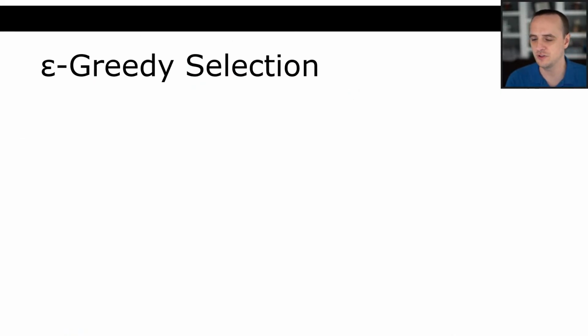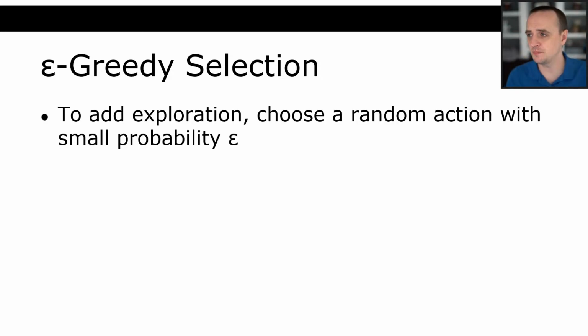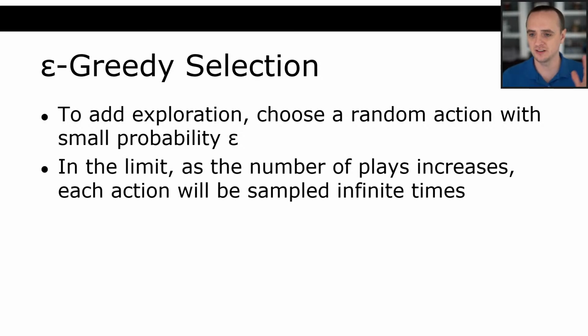The easiest way to do that is called epsilon greedy selection. The simplest way to add exploration is just choose a random action with some probability epsilon. So in the limit, meaning as time goes on, if we're choosing random actions sometimes, as the number of plays increases, each action will be sampled infinite times.